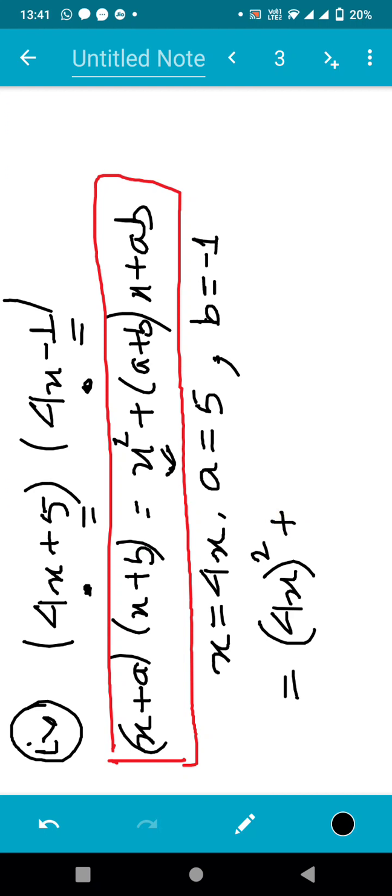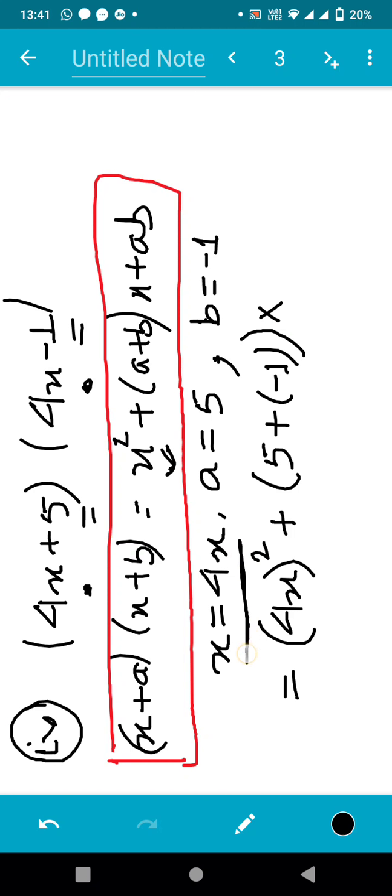Then a plus sign. Then we'll write a plus b. A is 5, plus sign is there, then b is negative, so we'll put the value of b inside the bracket. Then we'll close the bracket. Then multiply it with x. The value of x is 4x, so we'll multiply it with 4x plus a into b. A into b means 5 into minus 1, so we'll put this inside the bracket.